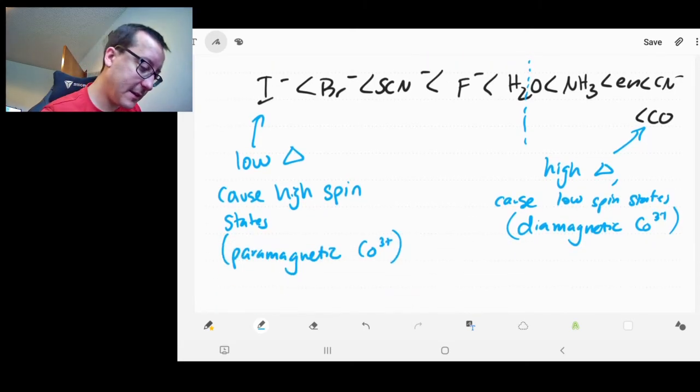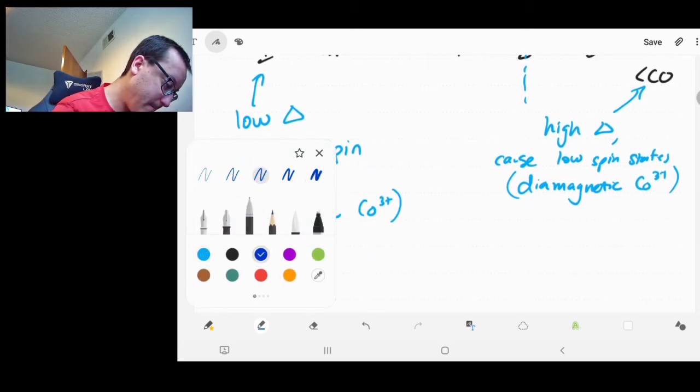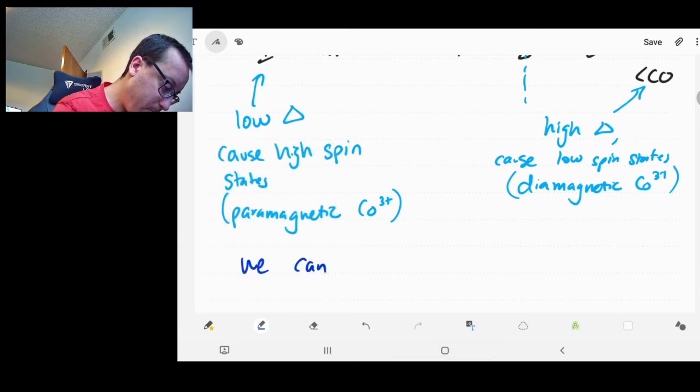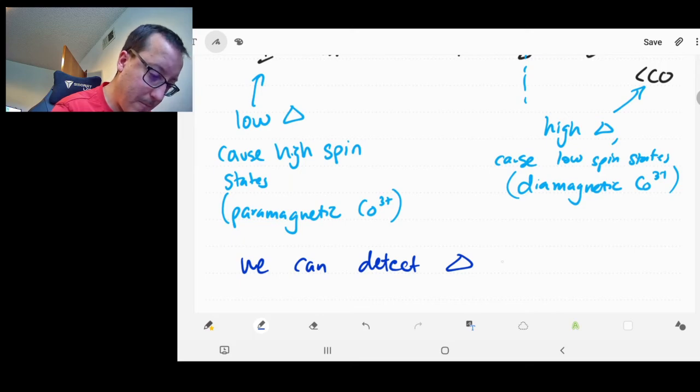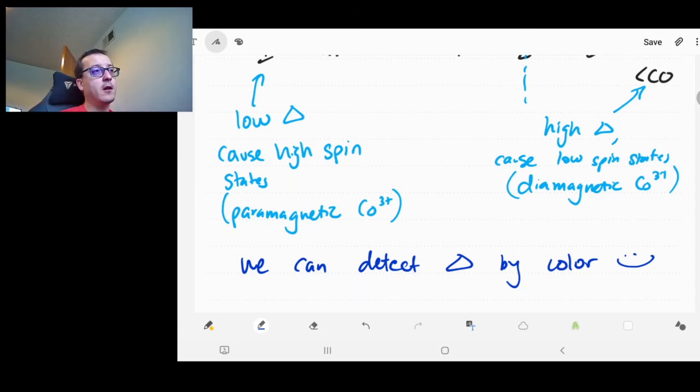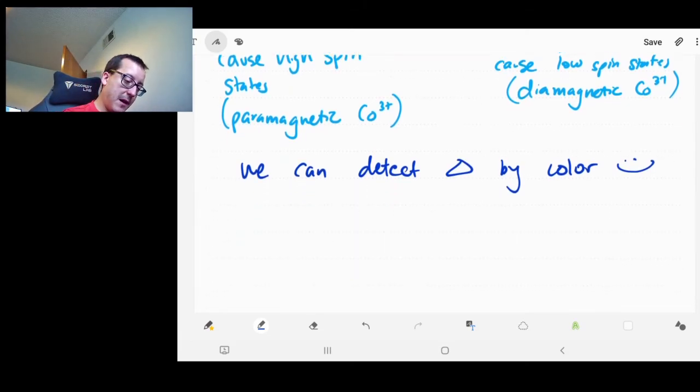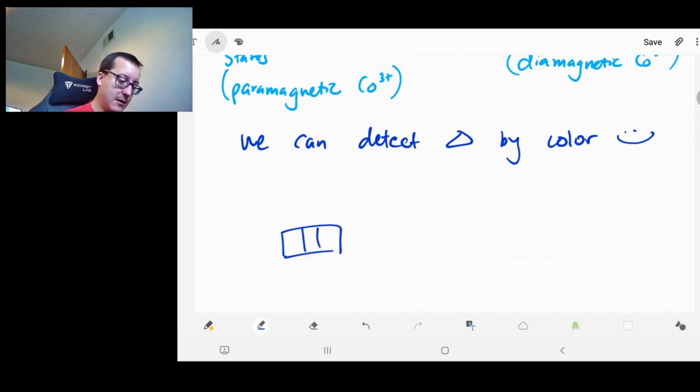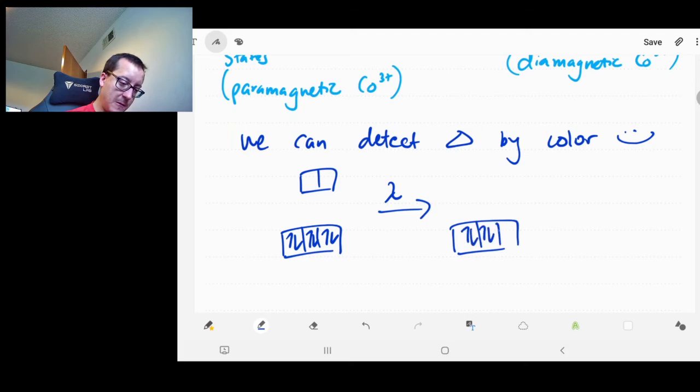Alrighty. We're going to see that we can also detect this by color. So the energy associated with moving an electron, let's say we have our cobalt 3 plus here. It's got its 2 higher energy orbitals there. We can give it some light, and we can promote an electron up to the higher state, and then it can relax again and spit out some more light, right?